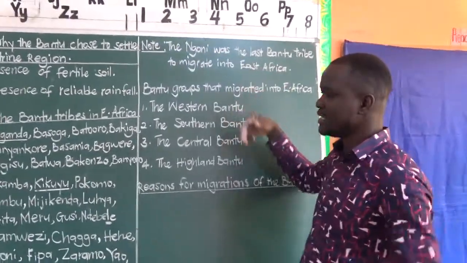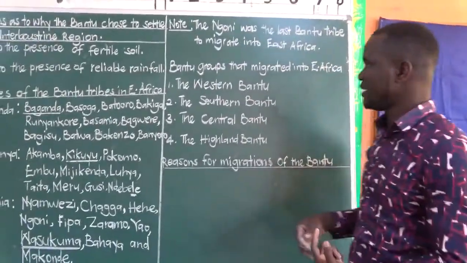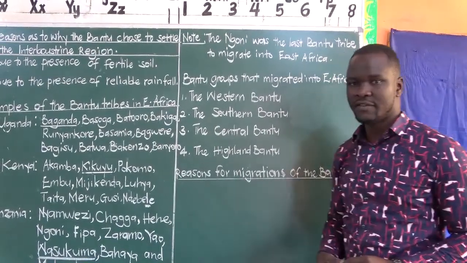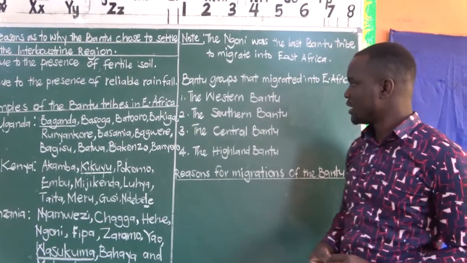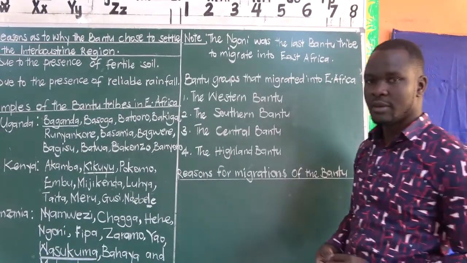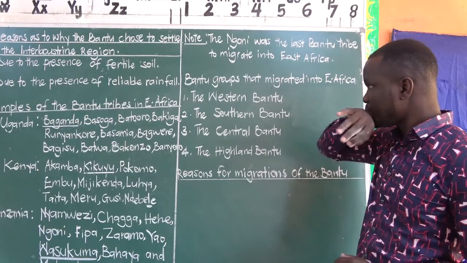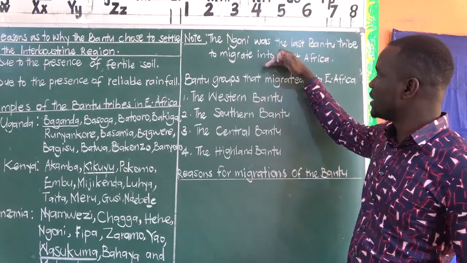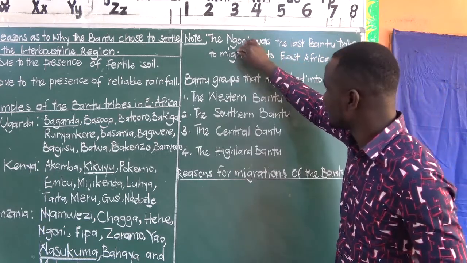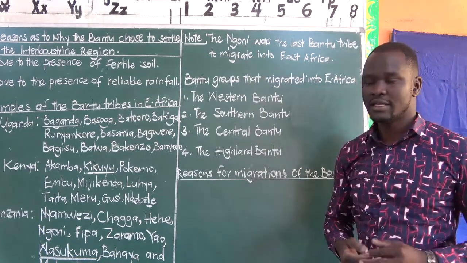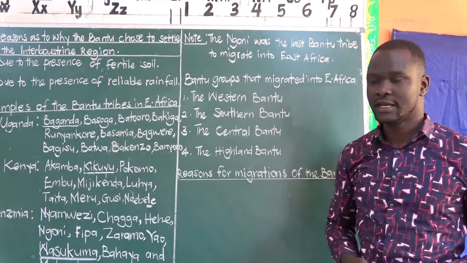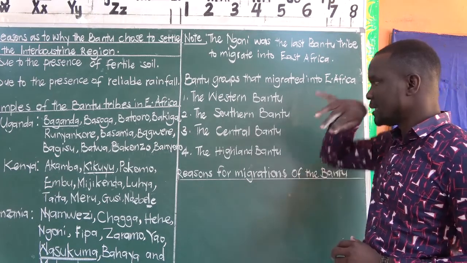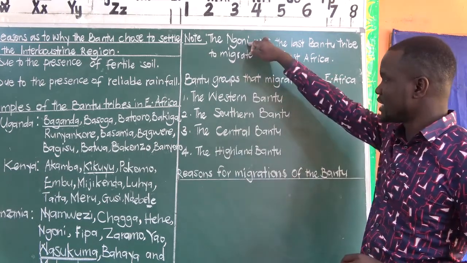Remember we said they entered through the southern direction, and these are the people who were chased in South Africa by the Zulu warrior Shaka. Remember that Shaka Zulu war. When some people were defeated, they had to run for their lives due to that war, and they entered East Africa through that southern direction, forming the tribe we have as the Ngoni tribe.